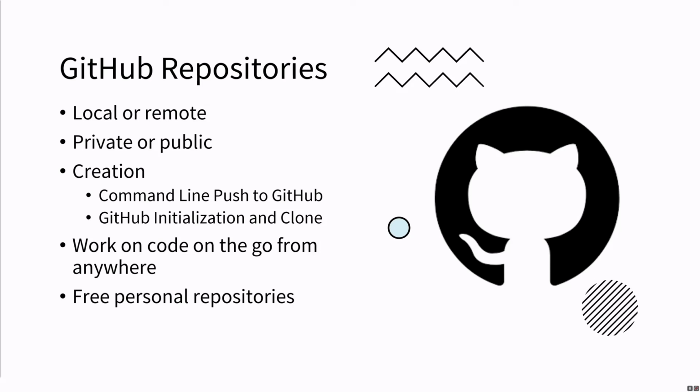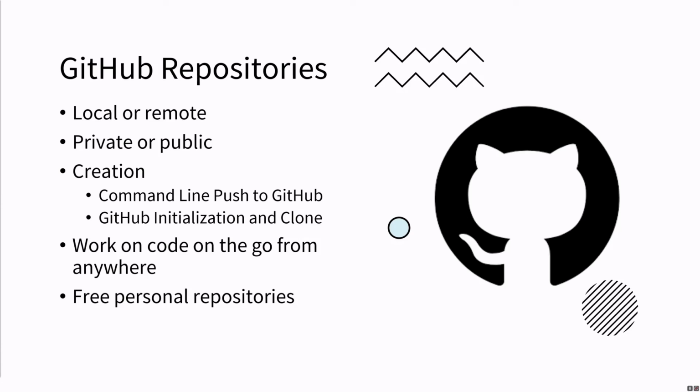It just depends on how much coding you're doing and how many people need access to it. Your code can be private or public, so if you are working on code for a specific customer or project that you don't want other people to have, you can make it private, or you can make it open source and public for other people to work on.